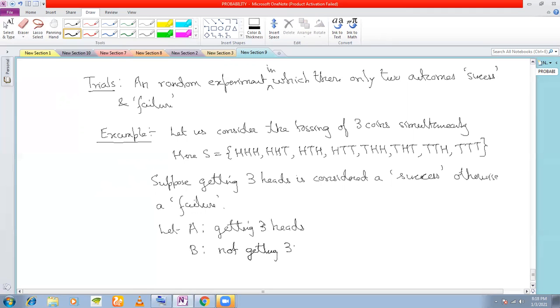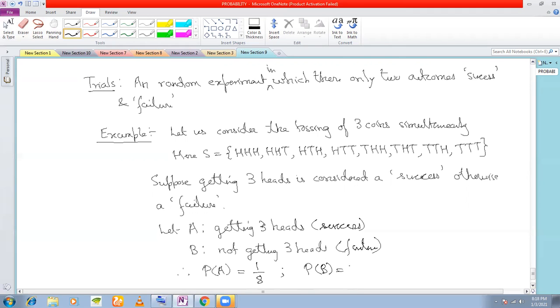Now, can you tell me the probabilities here? From the sample space, what is P(A)? See how many outcomes are there. There are eight. So the probability of getting a success, three heads, is only one outcome, 1/8. And this is a failure. P(A) is 1/8. Then what is the probability of failure?